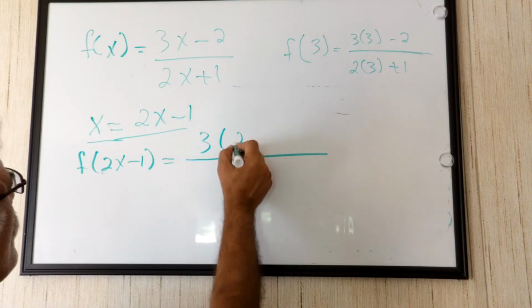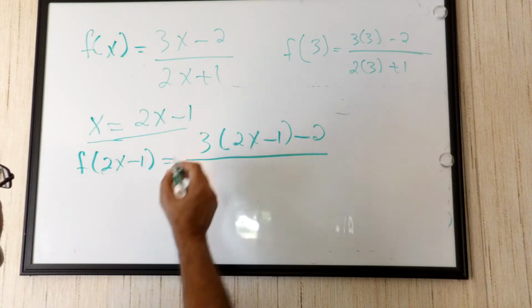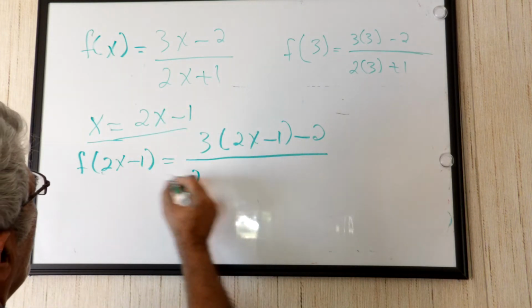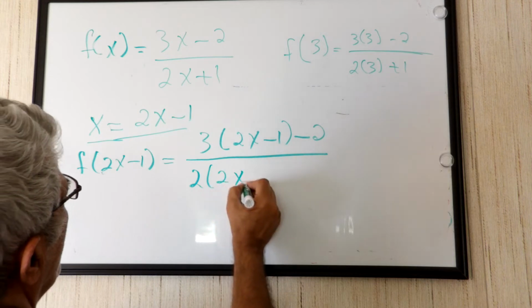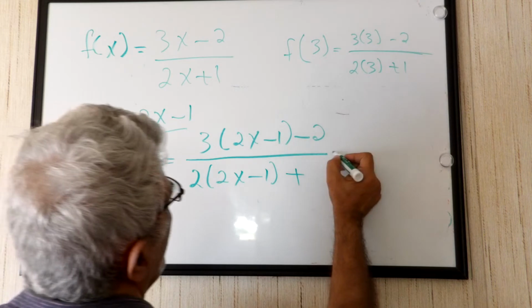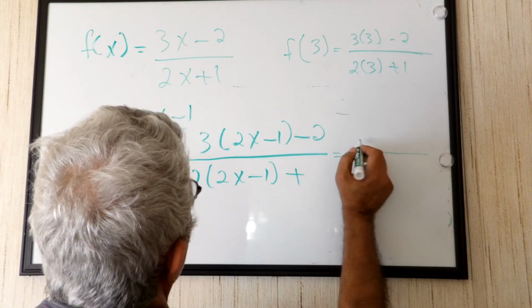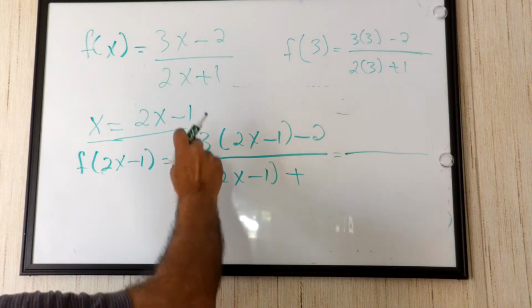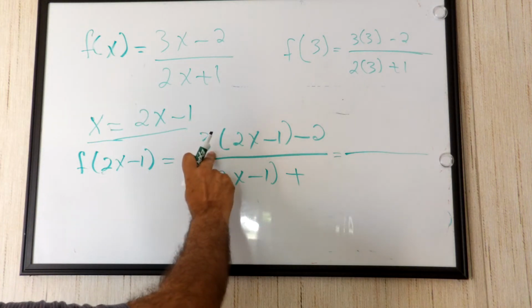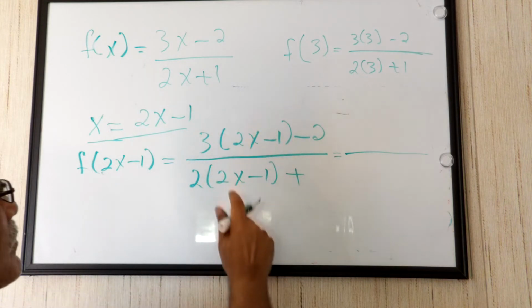3 times 2x minus 1 minus 2. And here we put, instead of x, we put 2x minus 1 plus 1. So when you solve it, you use the distributive law. You multiply this one by this one, and also by this one.